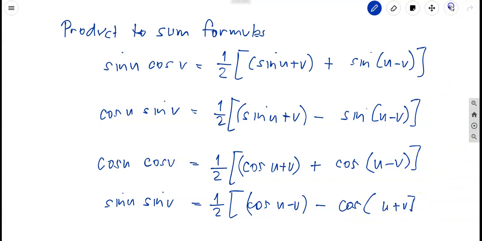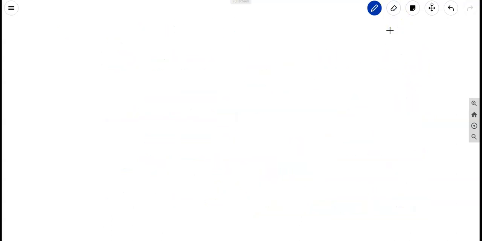So these are the formulas for product to sum functions. You can pause the video so that you can write all the formulas that we have. But before that, we'll try to prove them using the left and right hand sides of the addition and subtraction formulas for the sine function.